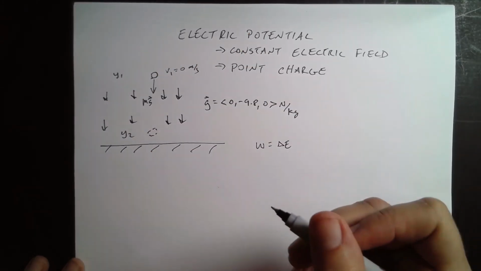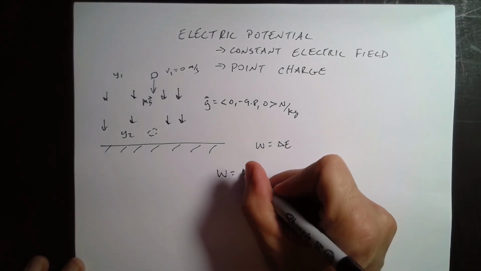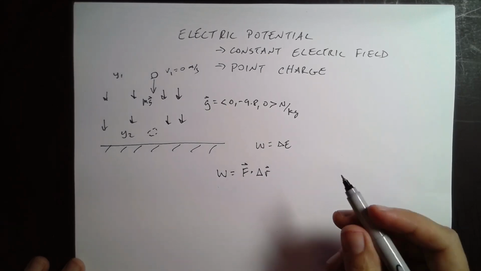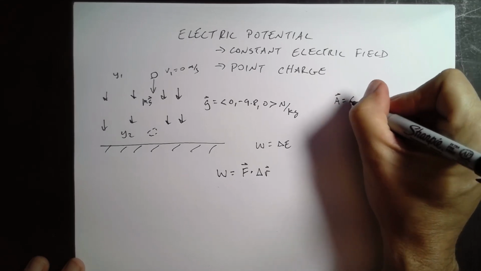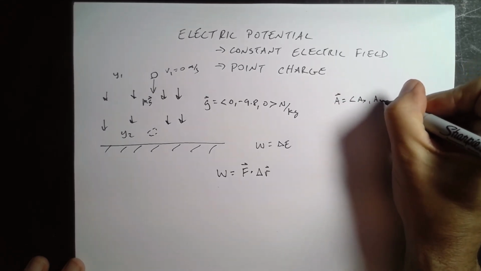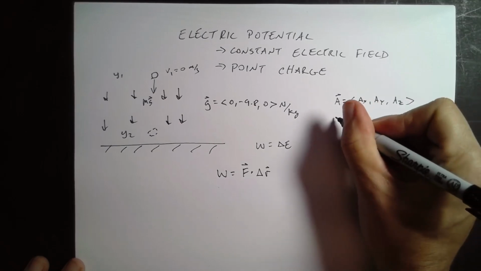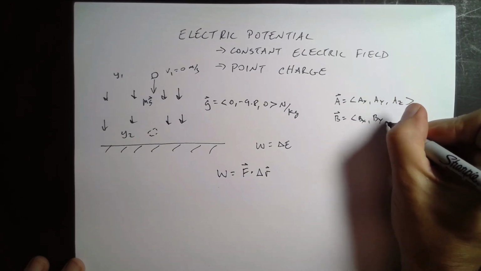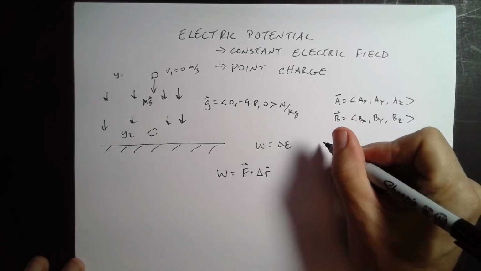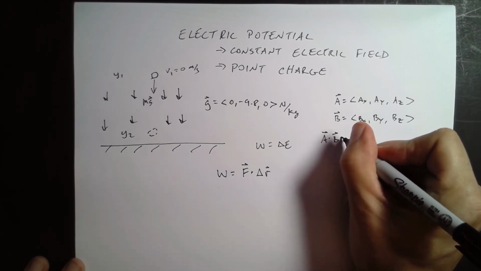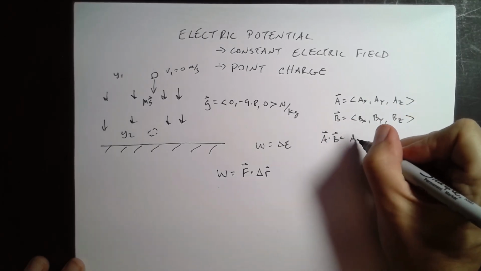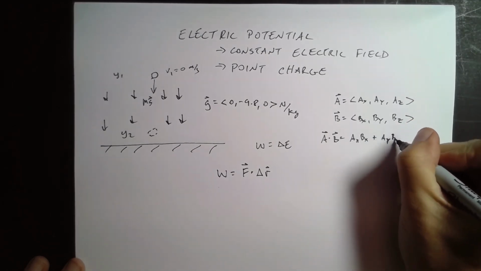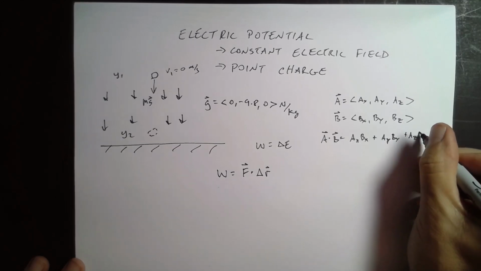And we define work as the work done by force is equal to F dot delta R. So that's the dot product. Just as a review, if I have vector A as AX, AY, AZ, and vector B has components BX, BY, BZ, then the dot product A dot B is going to be the scalar value of AX times BX plus AY times BY plus AZ times BZ.